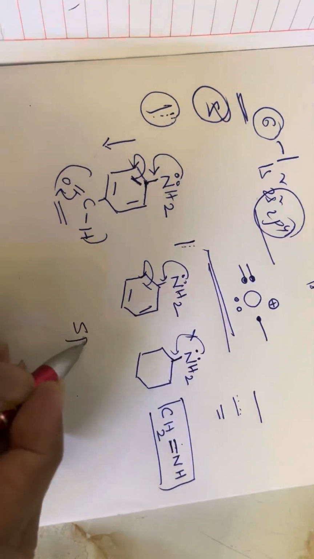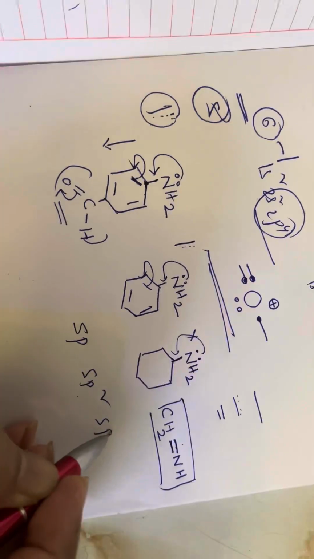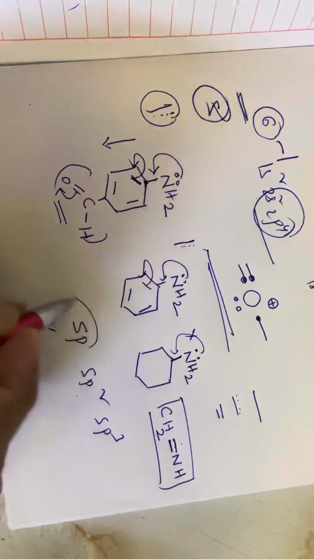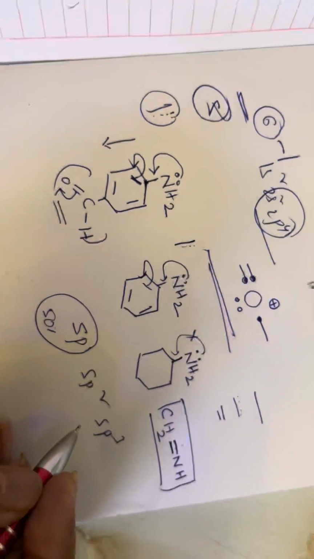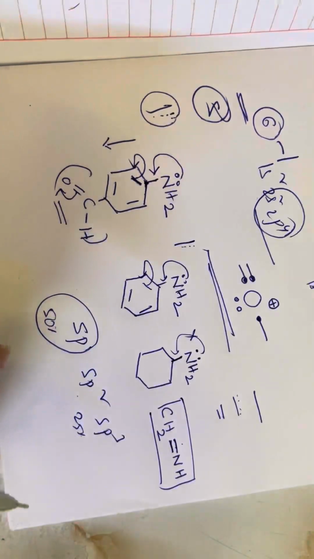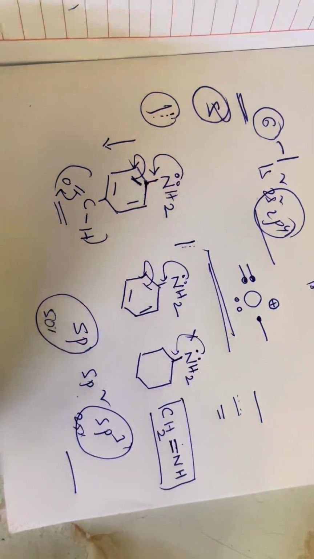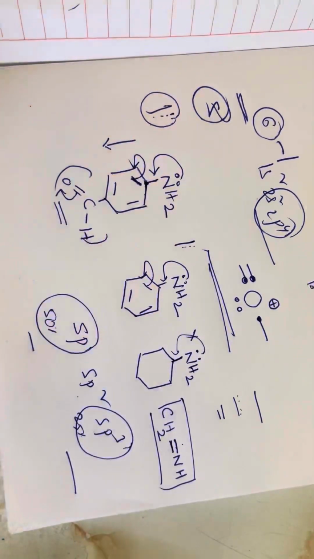You may know that when 50% s character is there, the orbital is small in size. With 25% s character only, the orbital is bigger in size. So bond lengths involving sp3 are bigger. Bond lengths involving sp are smaller.